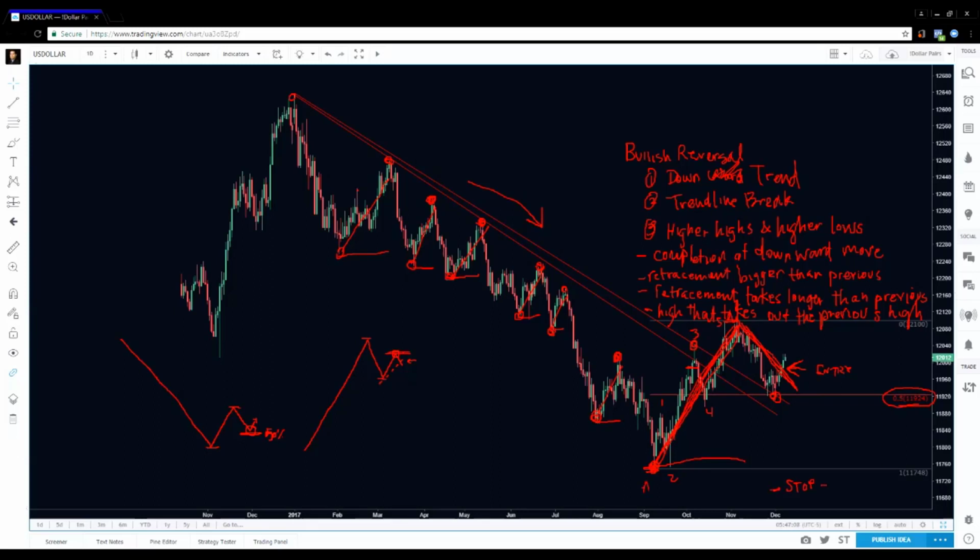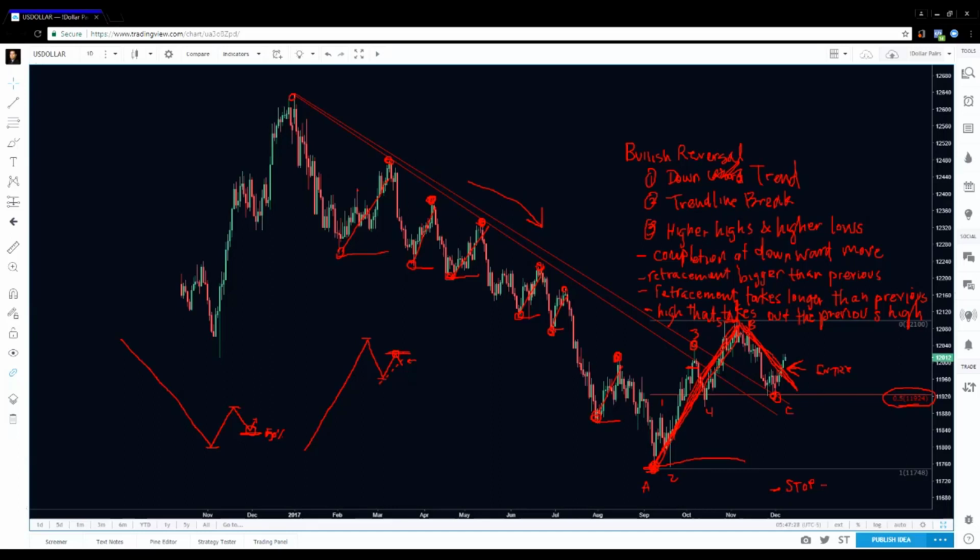So if this is your A and then this is your B, we can consider this a C, and then your D would probably be somewhere up here. You have to put your stop beneath the A point.